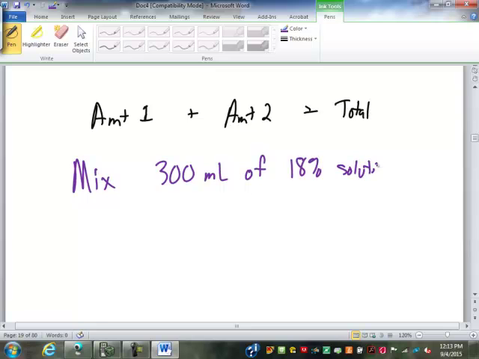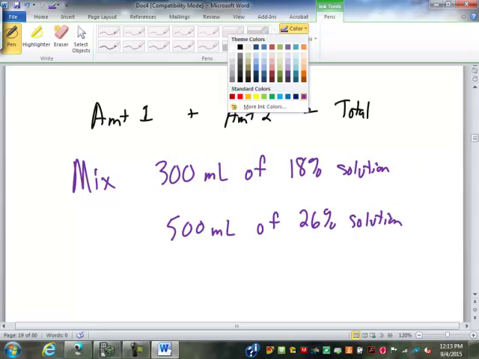Doesn't really matter what's being dissolved. And we're going to mix it with 500 milliliters of, what do I put in here? 26% solution. You want to find the concentration of the resultant mixture.